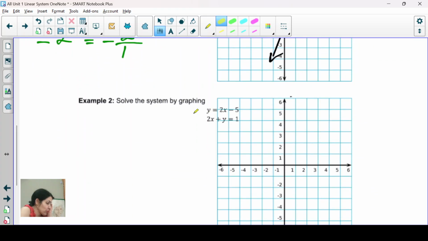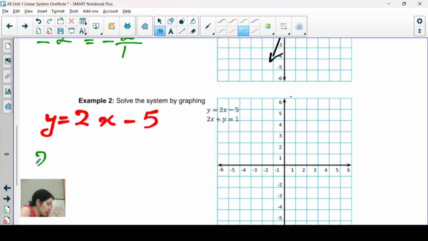So this equation is incorrect for this form. The first is y equals 2x minus 5, and the second equation is 2x plus y equals 1.